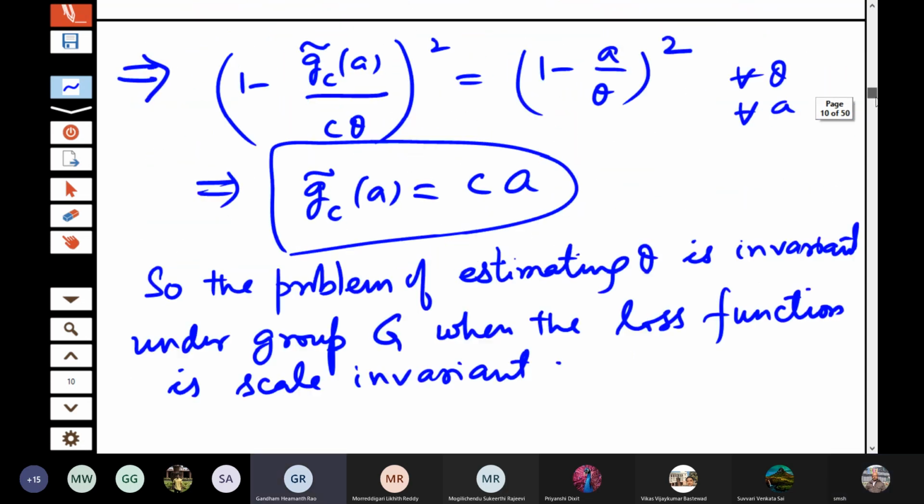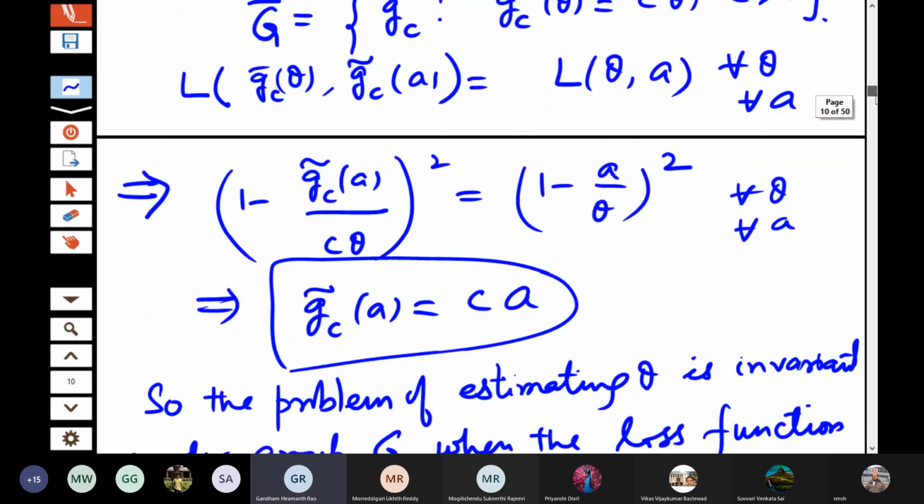Can you explain that, like we have written L of GC bar theta, GC tilde A equals L of theta, A. So this is the condition for the invariance of the estimation problem, that is the loss function should be invariant. So under the transformation GC, theta goes to GC bar theta and A will go to some GC tilde A. And this value should not change. It should remain invariant for all C. So I need this: 1 minus GC tilde A by GC bar theta.